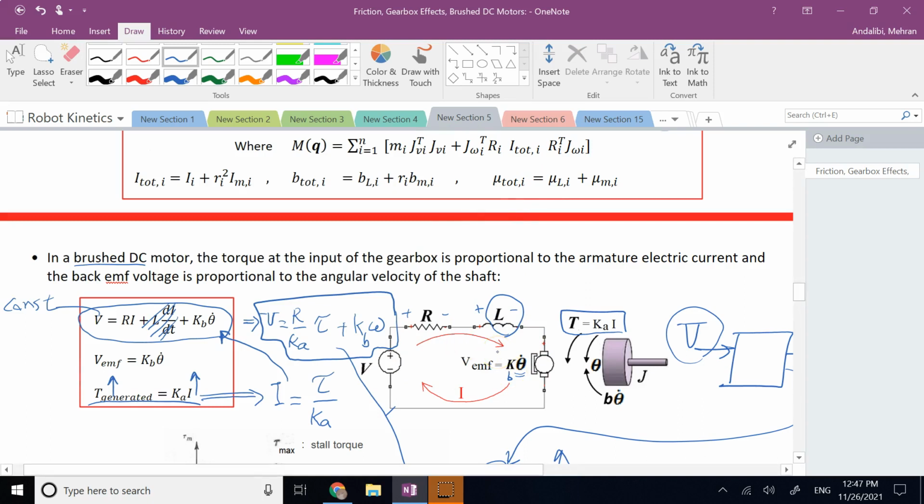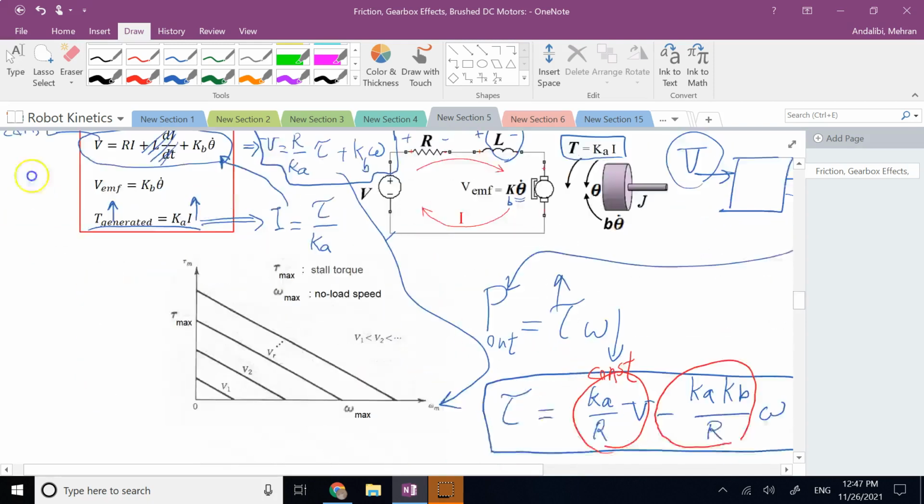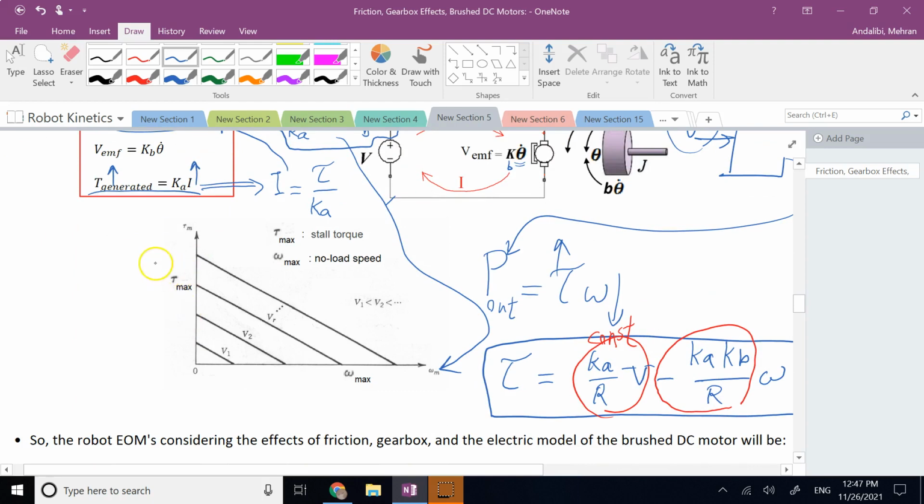There is some maximum current that you can get out of that circuit. So you cannot go all the way to the stall torque, and you cannot go all the way to zero torque. In reality, you have to work somewhere in between.